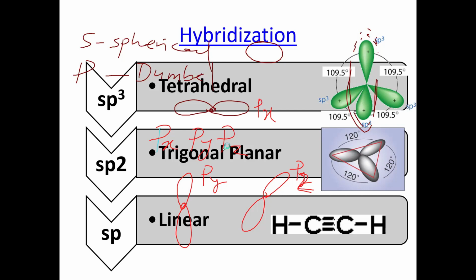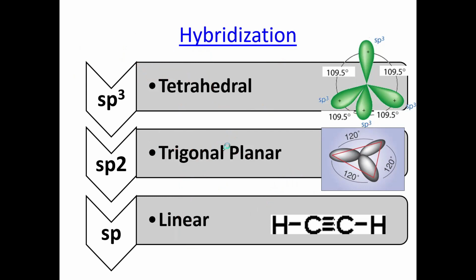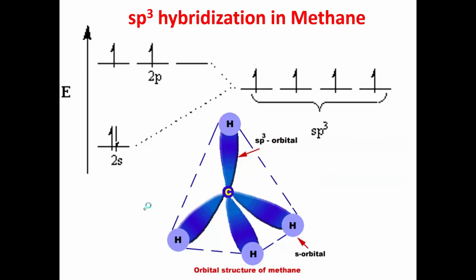Okay, so now we are going to look at the different types of orbitals and how these different orbitals are produced. That is the next thing we are going to look at.